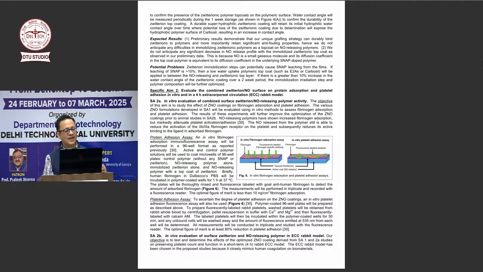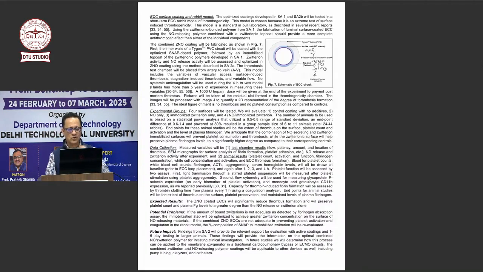For aim 2, whichever surface, whichever zwitterion, whichever amount of nitric oxide release performs the best in aim 1 and aim 2A will go for animal study. How I will coat the tubing for the animal, how many animals I will use, what the groups are: I'll use only NO, only zwitterion, the combination, and nothing as a control.